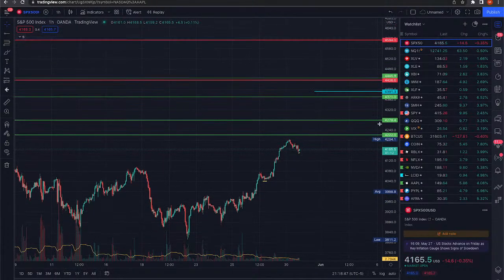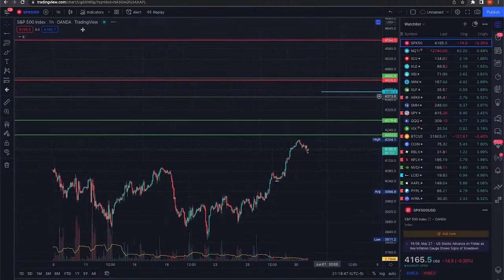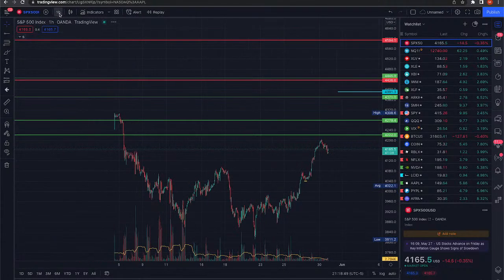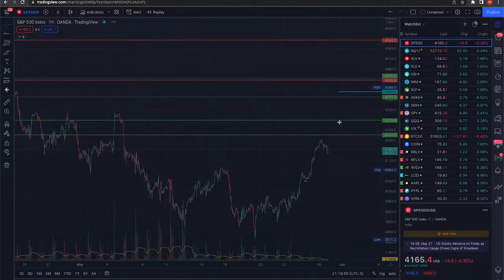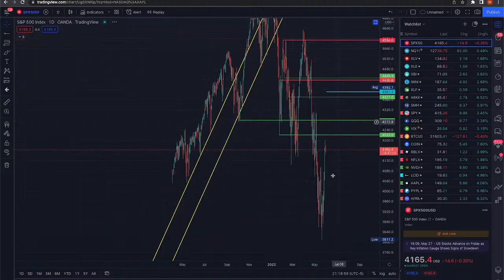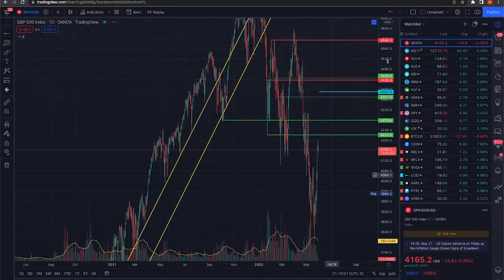That's less relevant. All right, so if I switch this one to the 1 day, this one's not that clear here, but if I change to the 1 day, see, now we have clarity here, right?